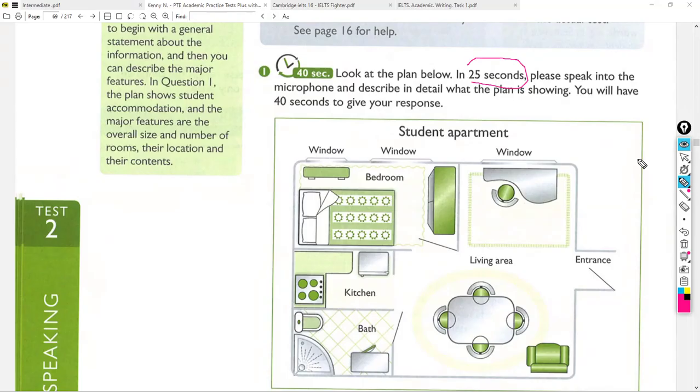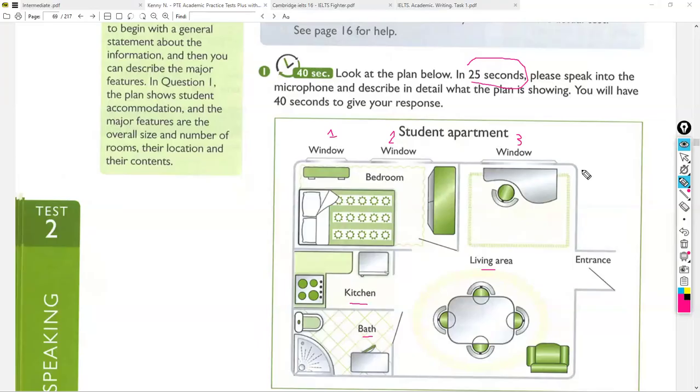On this student apartment we have a bathroom, a living area, a kitchen, and three windows. And we have an entrance. Entrance. Okay.